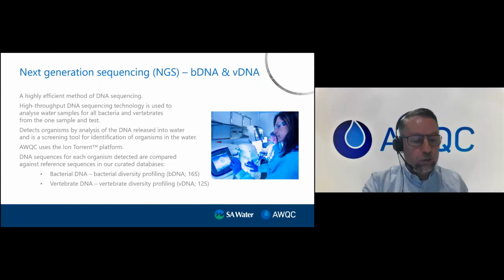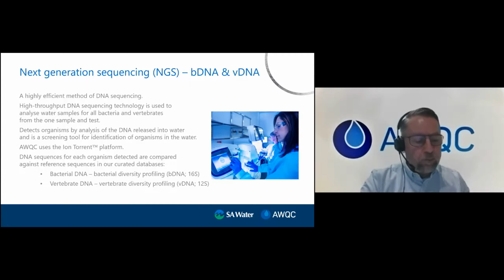The report also includes dot point comments against the organisms detected, and we also provide the raw sequencing files on request. The bacterial diversity profiling, or the BDNA, is commonly used for the characterization of biofilms, nitrification events, filtration systems, and wastewater treatment plant processes, while the vertebrate diversity profiling, or the vDNA, is used for fecal source tracking, biodiversity surveys, and detailed catchment surveys underpinning the catchment land use.